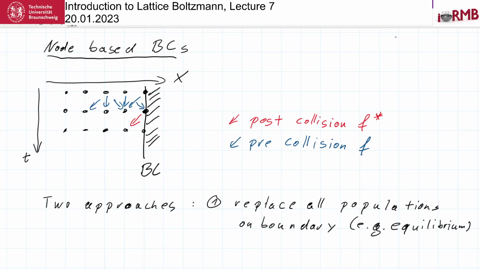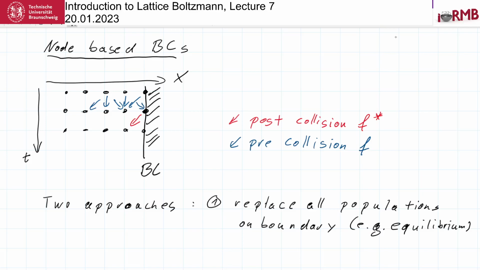Actually, I know that you didn't do this, but this was my expectation for your homework, at least in some cases, because there are different cases. So what you can do is you just take the nodes on the boundary, and you want to have a specific velocity and a specific pressure there, and you just impose this by setting the equilibrium distribution to this node, right?